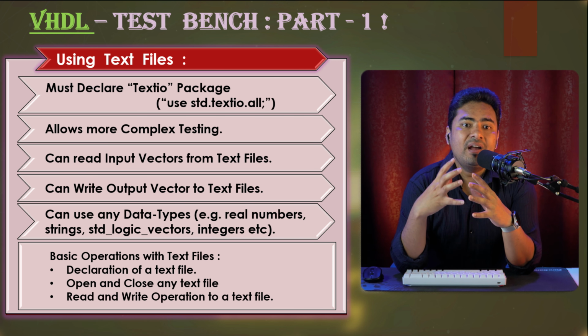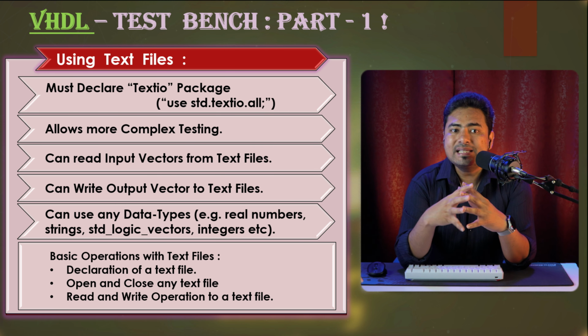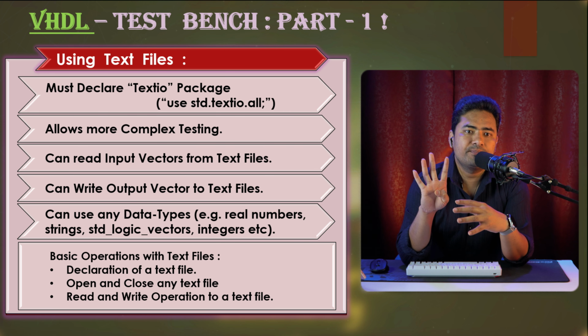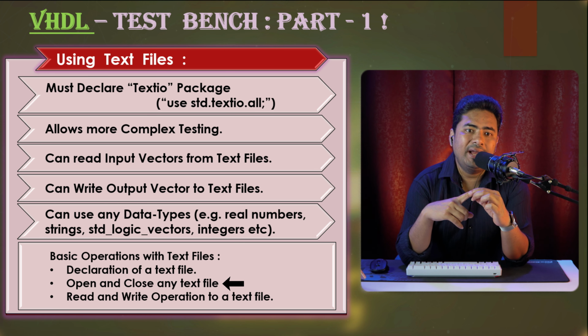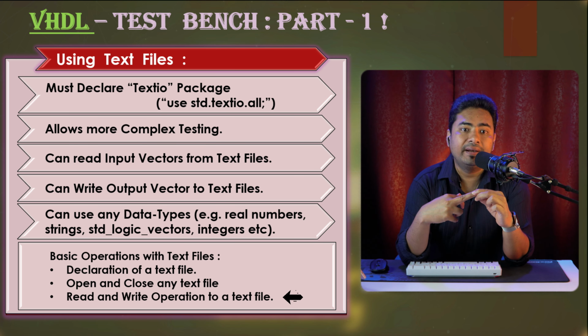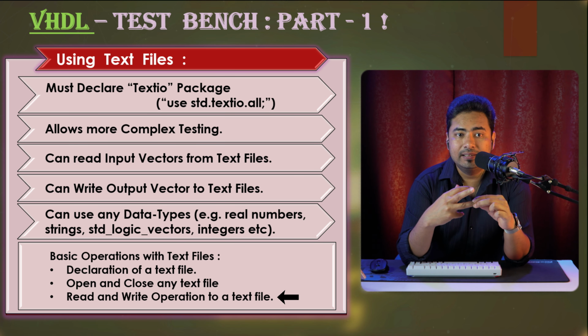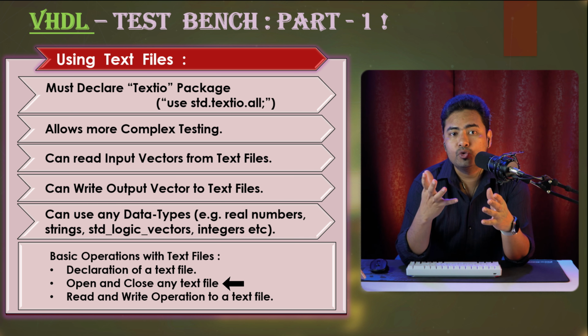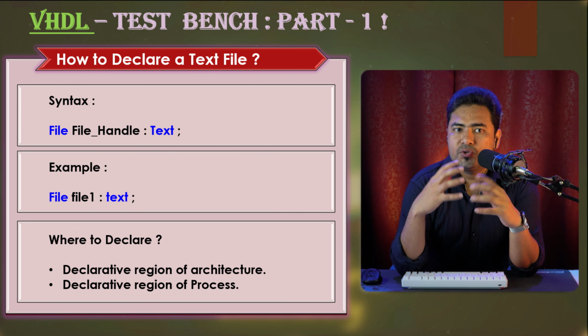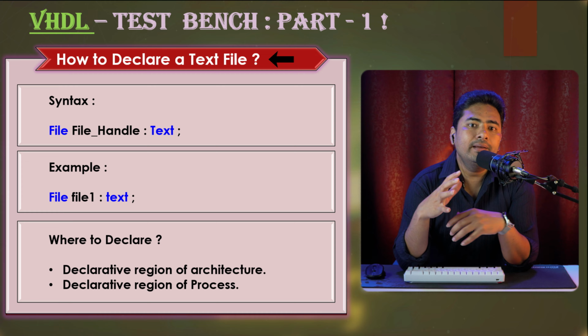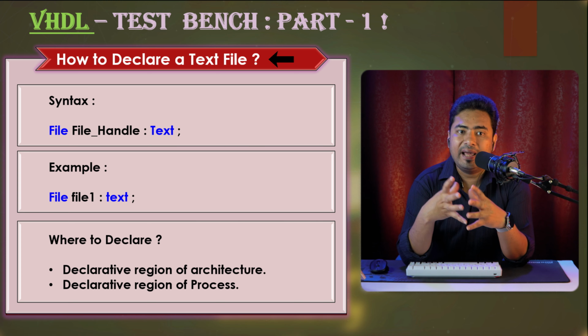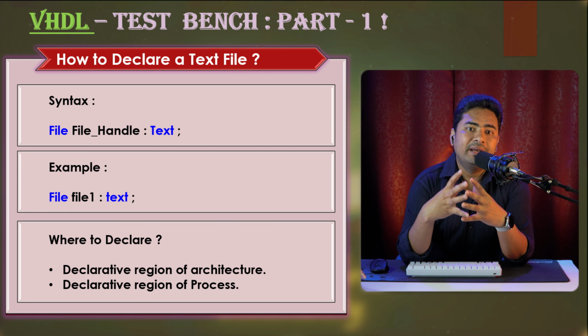Now understand how we do this. This happens in 4 steps. First, we open a file. Second, we read from a file. Third, we write into a file. And finally, we close the file. For that, we need to declare a text file as a variable before we open it.